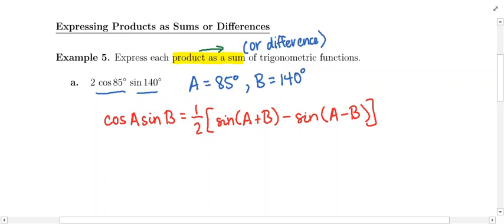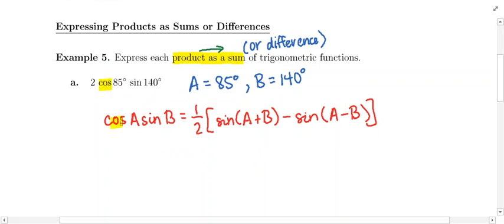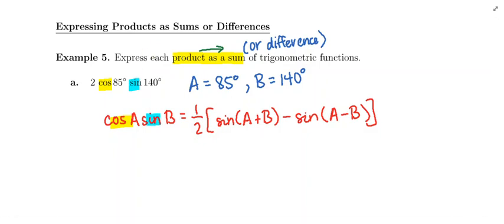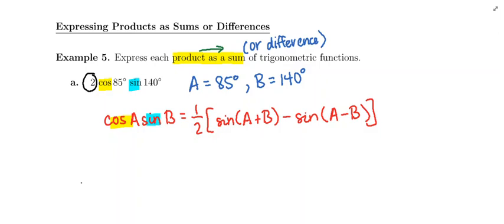We almost have an exact match to the identity because we have a cosine and a cosine, and then we're multiplying by a sine and a sine. However, we have a bit of a problem because there's a 2 in front. Our expression is multiplying the cosine times sine by 2.